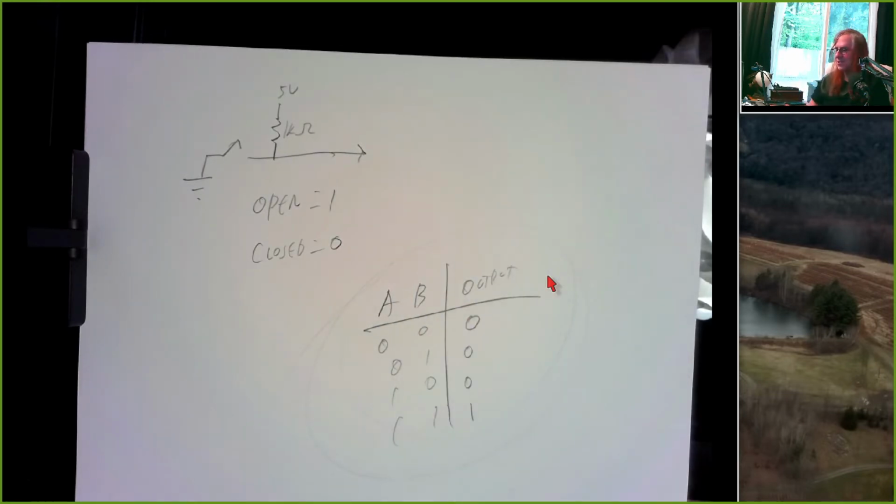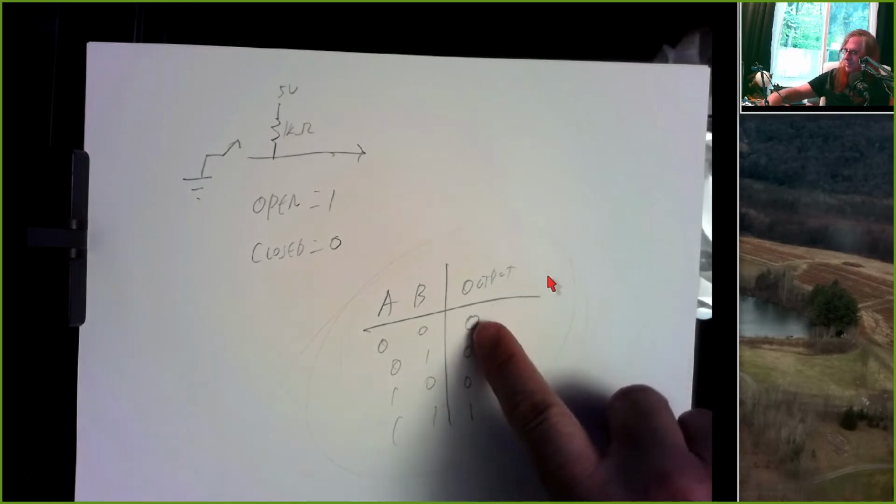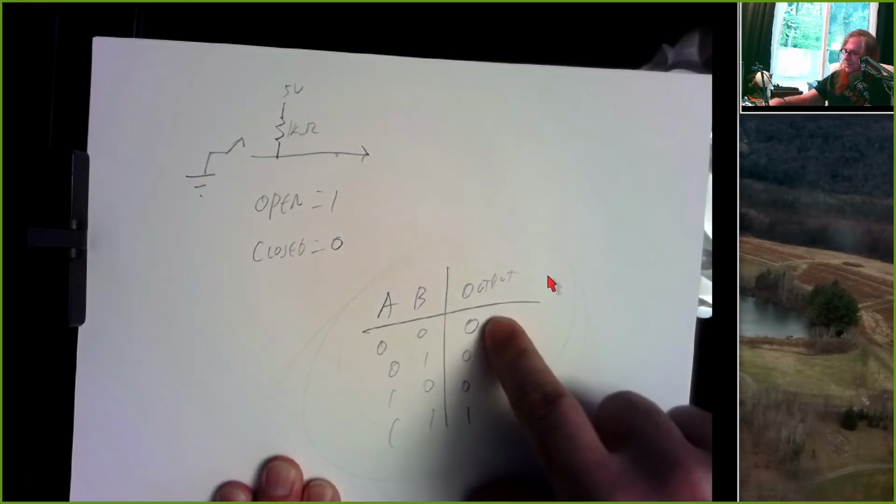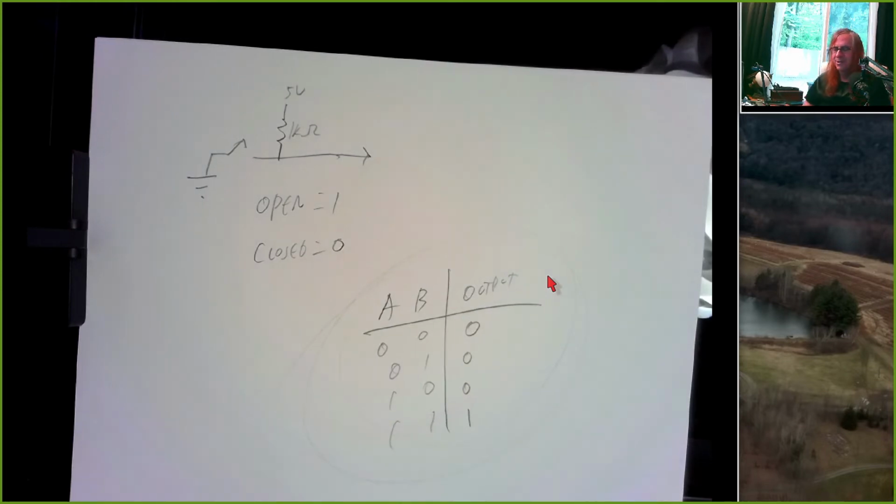Now's the time to step back and say, does this make sense? Do my observations back up my hypothesis that this is an AND gate? And if your truth table came out 1, 0, 0, 0, or came out 0, 1, 1, 1, or came out 0, 1, 0, 1, there's a problem.